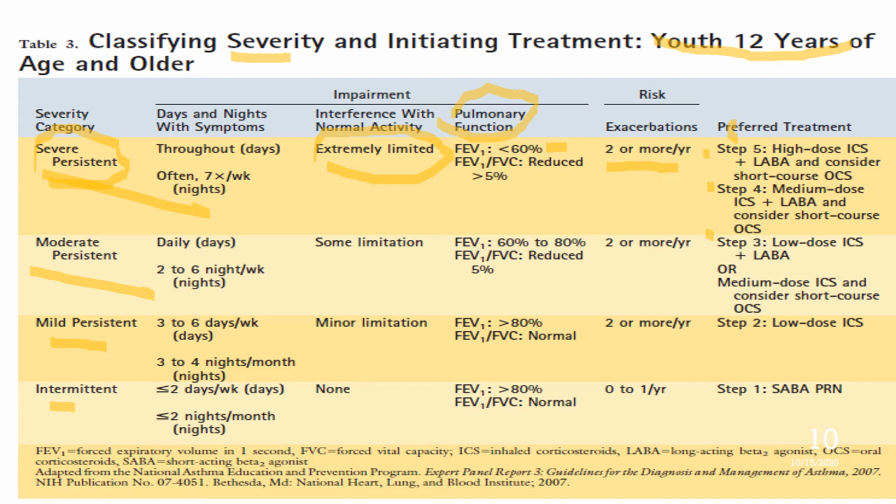So this is how it works. When you really classify the severity of asthma, they come up with a treatment plan. The ultimate goal is that you can do everything you normally do, have no symptoms, and be managed very well. We're going to get a little more into that in the next slide.